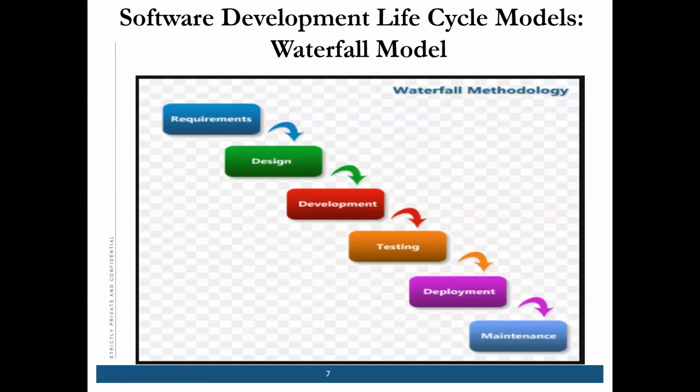You don't have any chaos of changing the requirements of that particular project, and the cost to implement this model is minimal compared to other methodologies. It's very simple to use, and every phase has its own specific deliverables to give high visibility to the project manager and to the client.